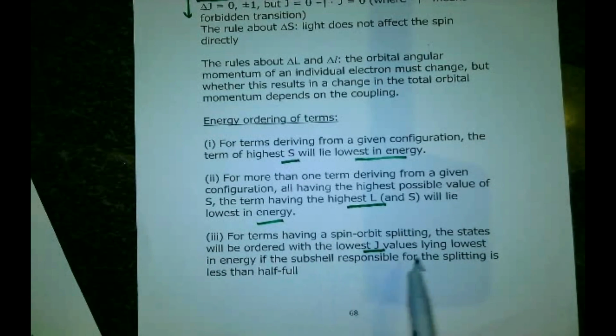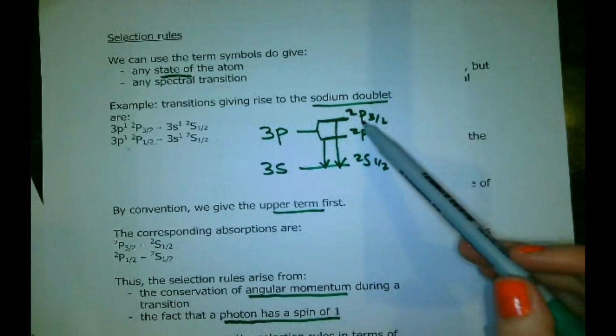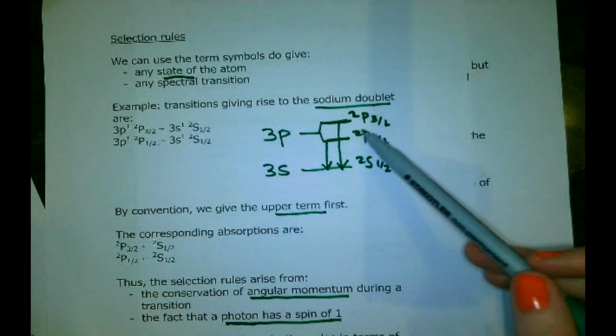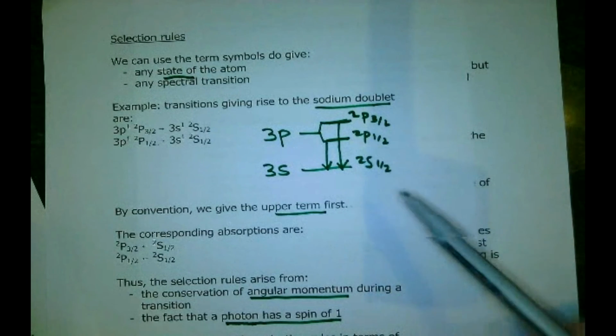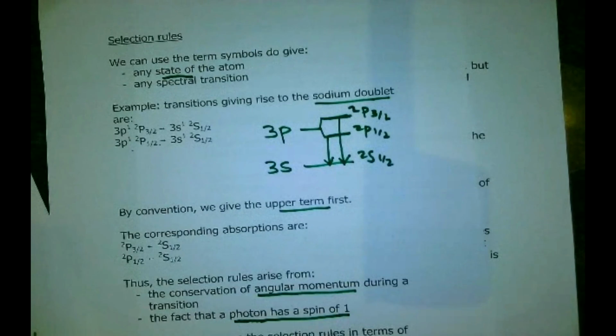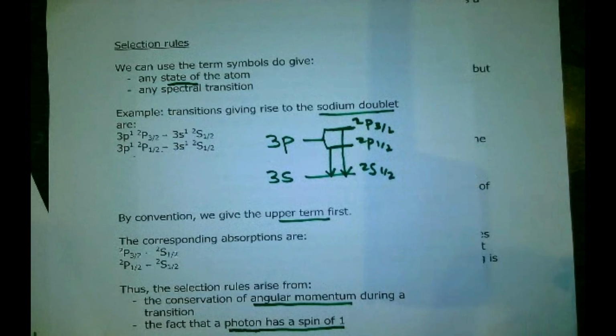This is the one that we've been using up to now: the energy level with the lowest J value lies lowest. So in this case they have the same S, but the one with the lowest J has the lowest energy. This is how we order the energy levels, and that's what we normally look at, because we don't look at very complex systems. We normally look at J values to order the energy levels.